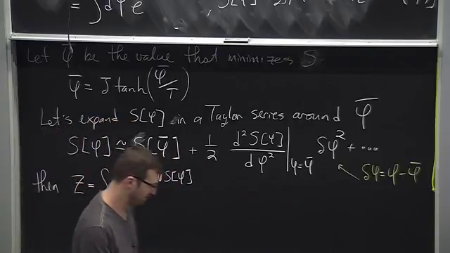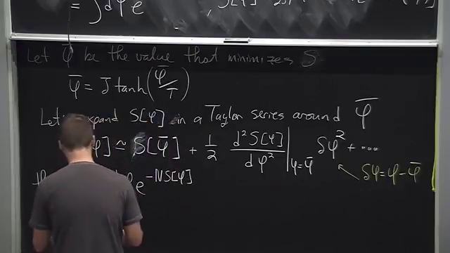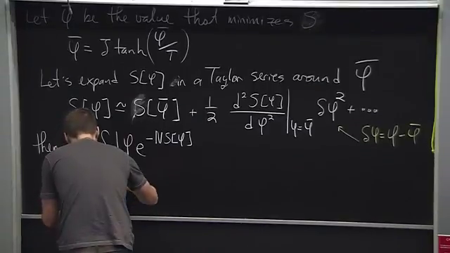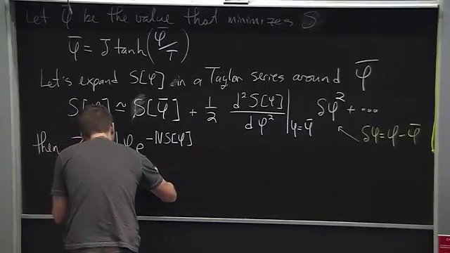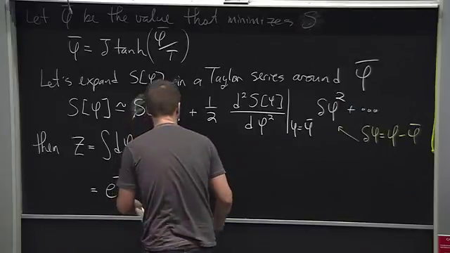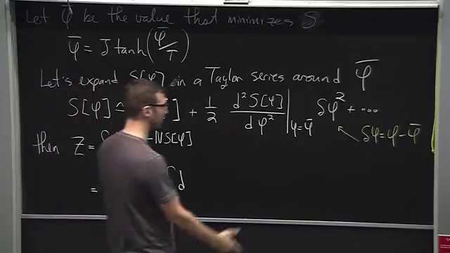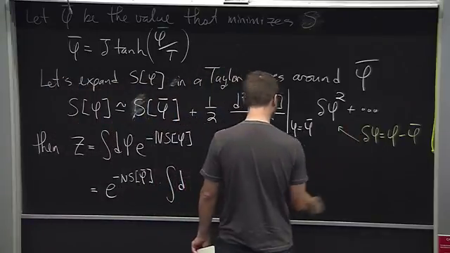Okay, so I can feed in that approximation. Let's just do it up to second order. I'll write it down here. So I get a constant term. So now I have an integral over the field. It's equivalent to an integral over this variational field, if you want to call it that.